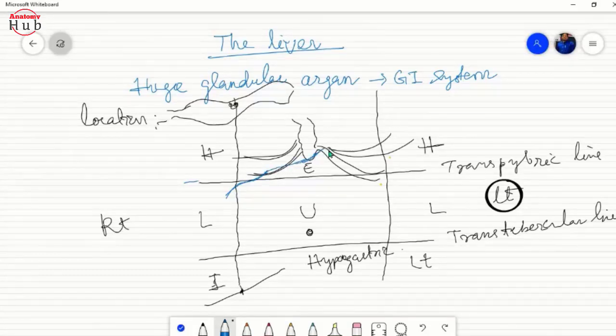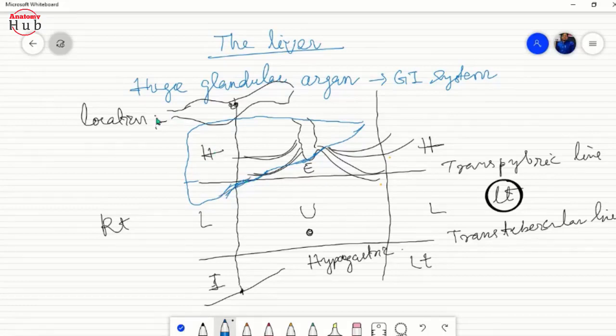It also goes towards the left hypochondriac region, and here it also covers the whole of the right hypochondriac region. So this is the position of the liver.